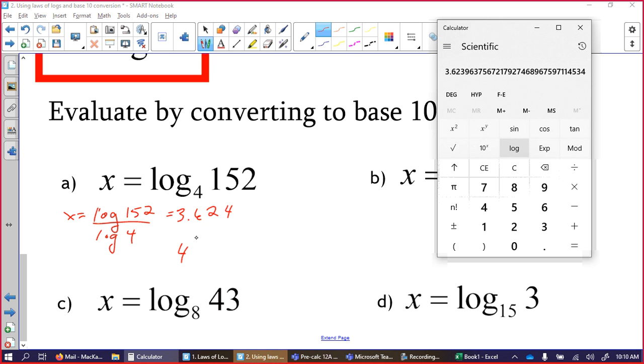So 4 to the power of 3.624 should equal, give or take, 152. 4 fours are 16, 4 16s are 64, 4 64s are a significantly larger number. So 4 to the power of 3.6 gives roughly 152.